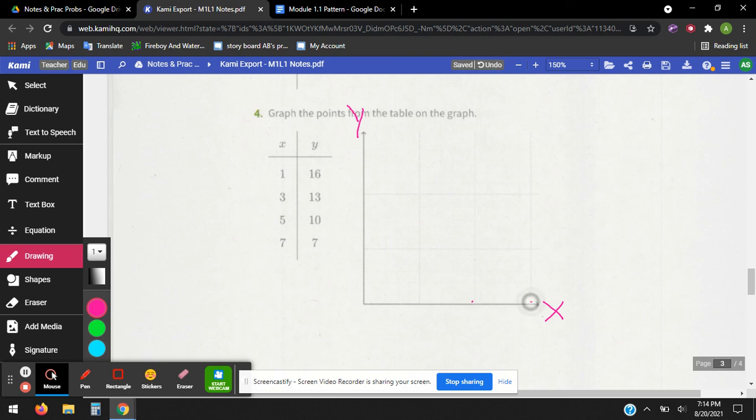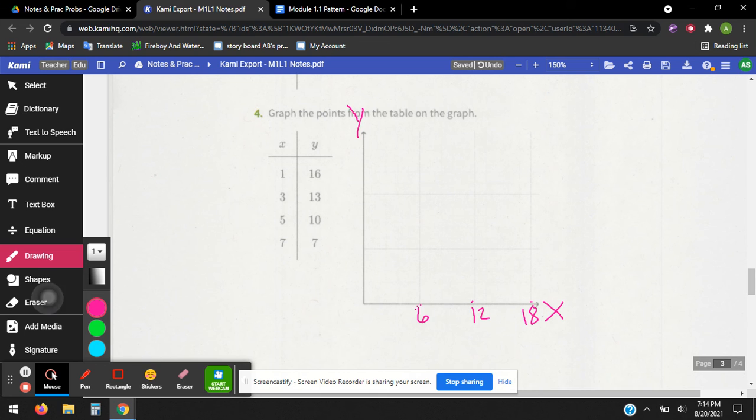If I do 3, 6, 9, that's not big enough. 4, 8, 12 is not big enough. 5, 10, 15, 6, let's see. Yeah, 6, 12, 18. So let's go 6, 12, 18.